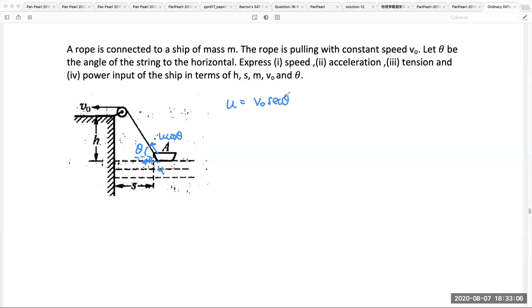So how will you find the acceleration in this case? You express secant theta as... oh wait.